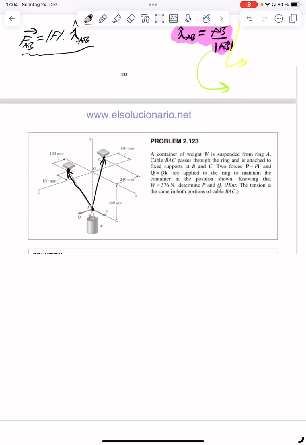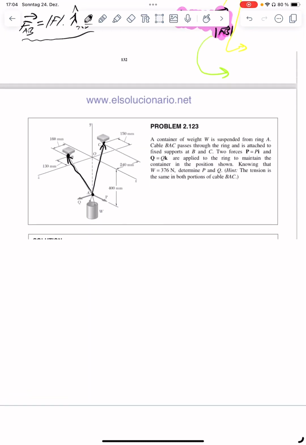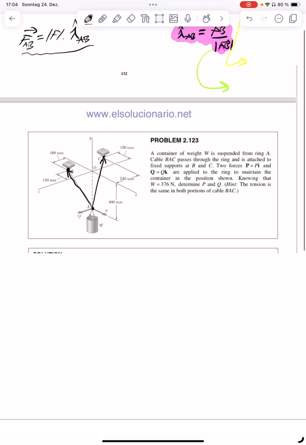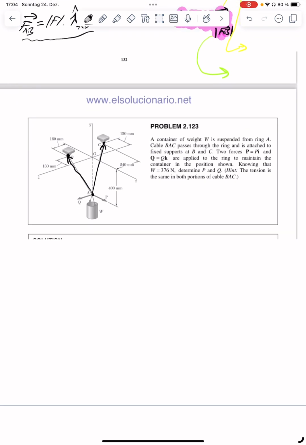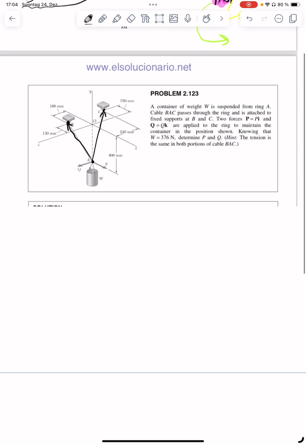If we see the distances, we must use the lambda hat method, because the methods which we used in the first lecture are not necessary to solve this problem.